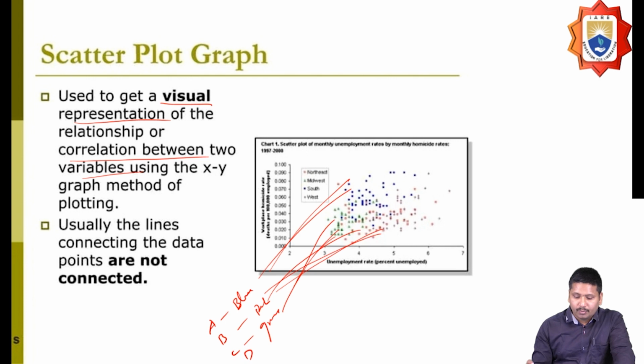The scatter plot just shows the dots. If I want to know how much percentage of data is covered, I can go for the scatter plot. Normally the scatter plot shows the visual representation of the relationship or correlation between the variables.